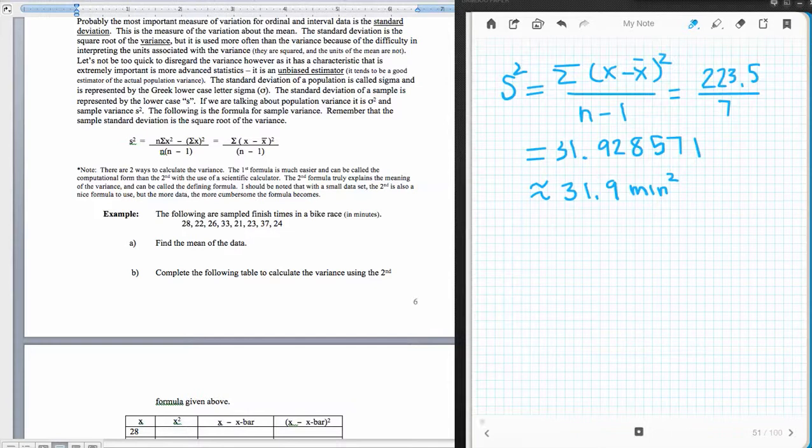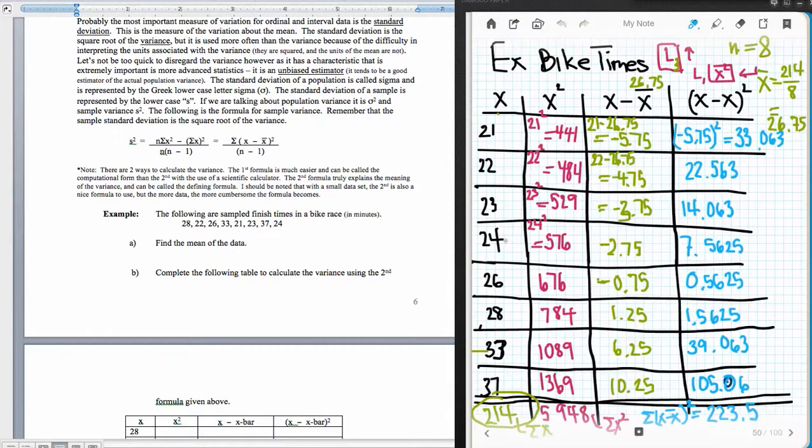So all of that work is what you would have to show in order to use the defining formula to find your variance.